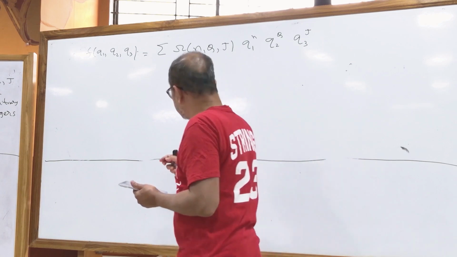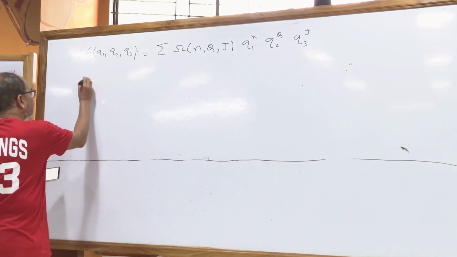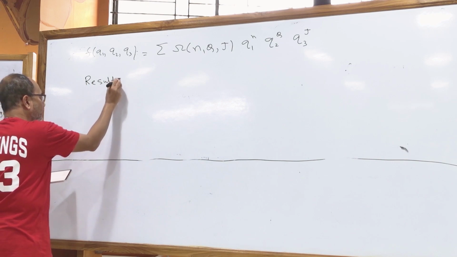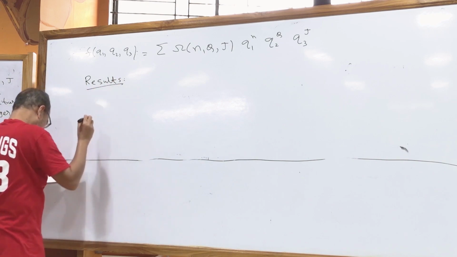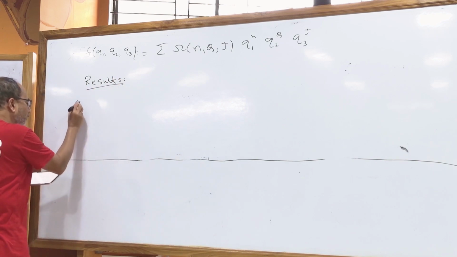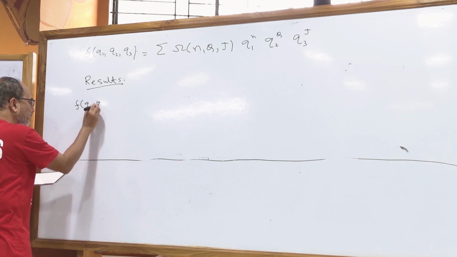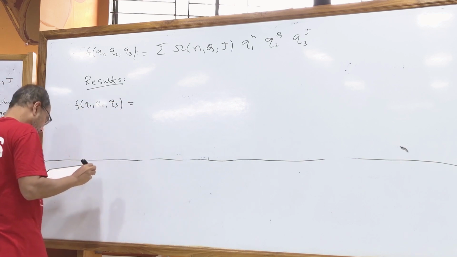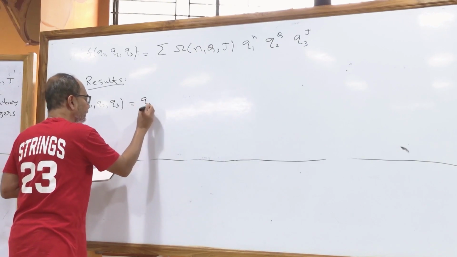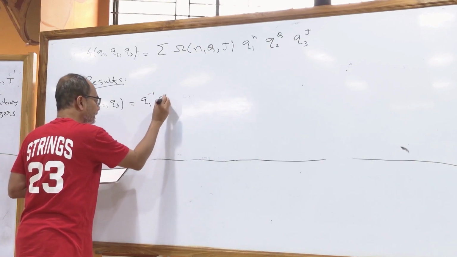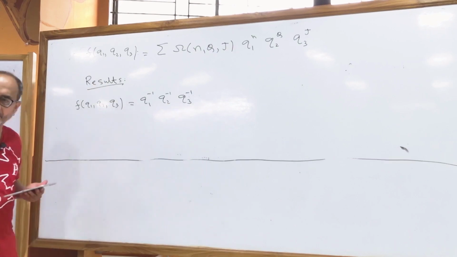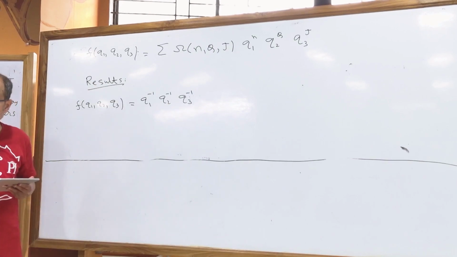So the result is that if Q1, Q2, Q3 is given by Q1 inverse, Q2 inverse, Q3 inverse. These are the 0-point charges. These are the ones which have the form Q1 to the C1, Q2 to the C2, Q3 to the C3.